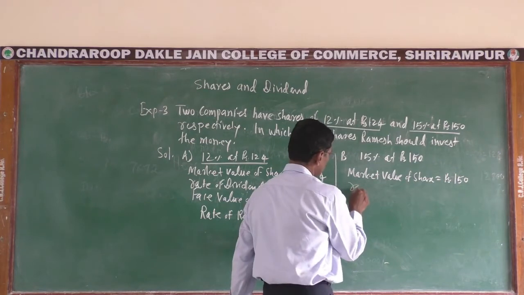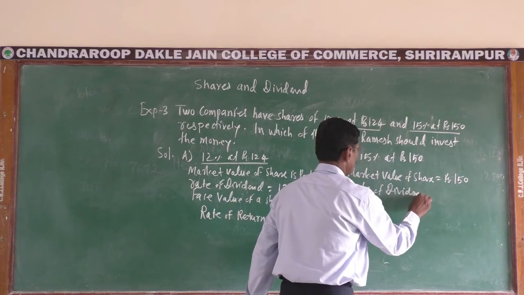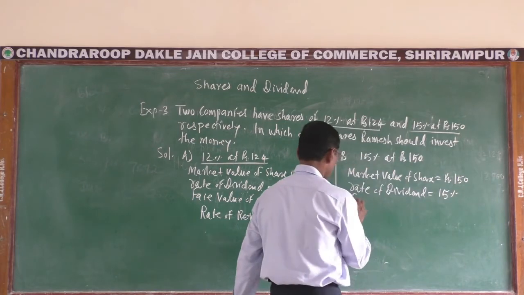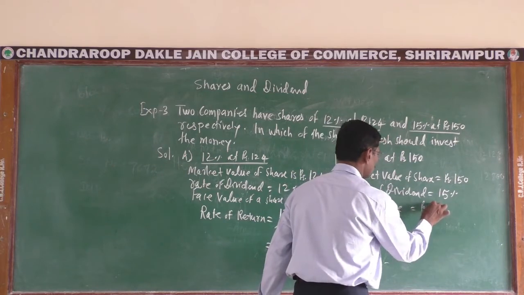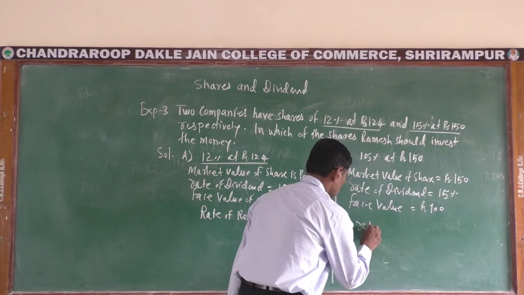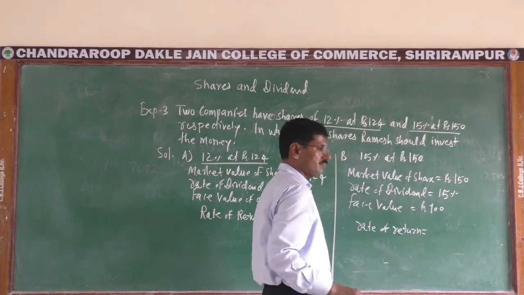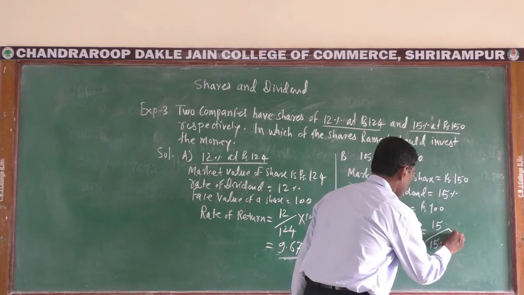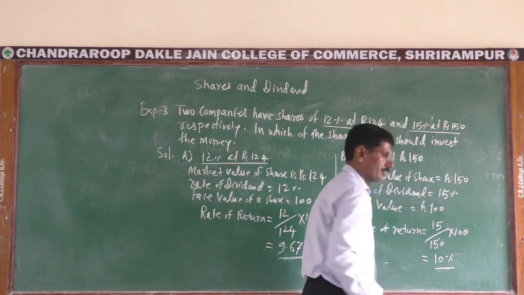Then the rate of dividend is equal to 15%. The face value is equal to rupees 100. Rate of return is equal to 15 upon 150 into 100, therefore here 10%.